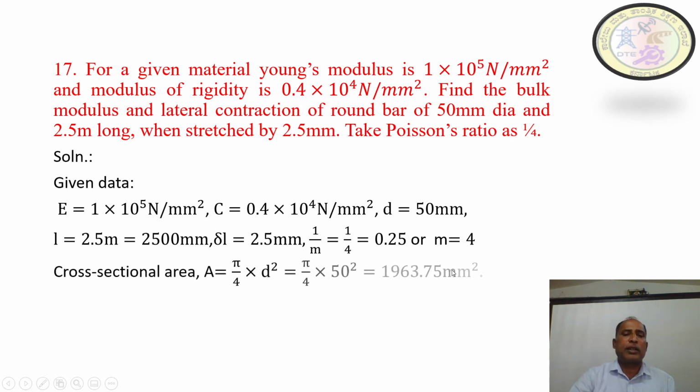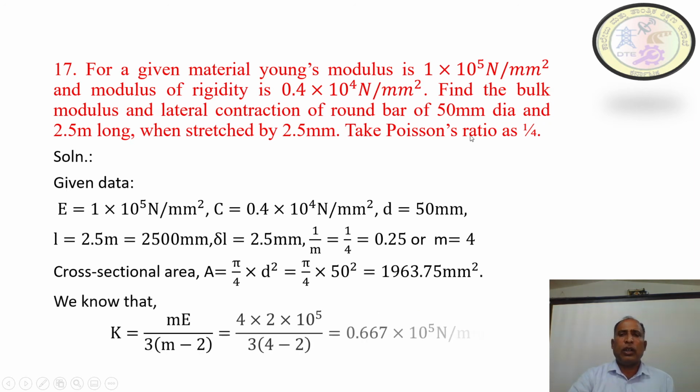First calculate the cross-sectional area of a round bar, that is A is equal to pi by 4 into d square, pi by 4 into 50 square, that is 1963.75 mm square. So the bulk modulus is required to calculate. As we know that K is equal to mE divided by 3 into m minus 2.